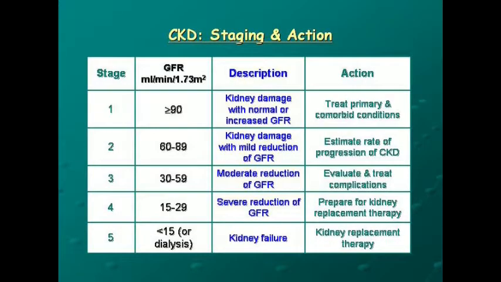This audience is very well aware of the staging of chronic kidney disease, which is based on the estimated GFR that I just spoke about. As pediatric nephrologists, we often manage children who have CKD 2, that is an estimated GFR below 90, or worse.